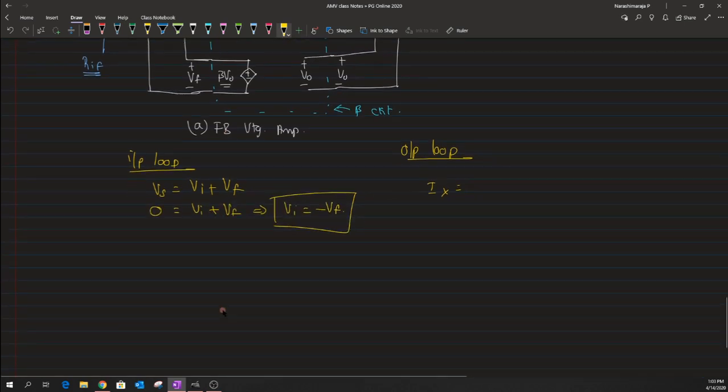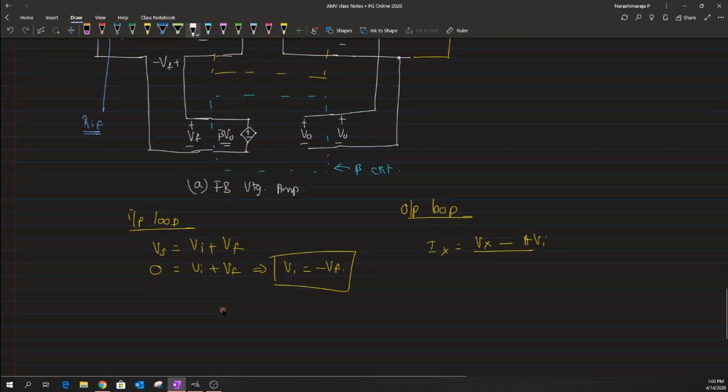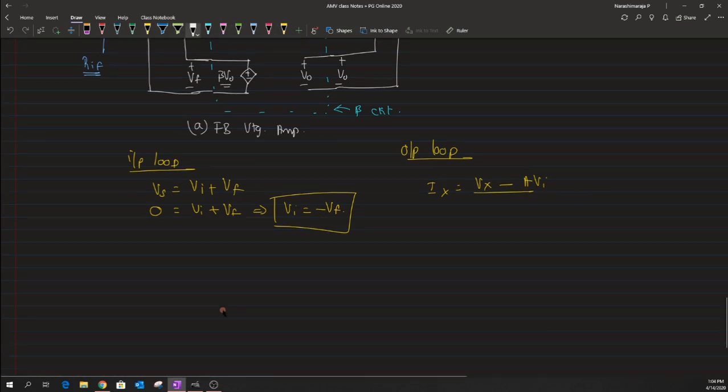Okay. So let me write this Ix value as Vx minus mu times that of Vi, or this mu can be replaced with capital A. Let me write that in terms of capital A rather than mu, just to avoid confusion, because mu and A carry the same meaning. So I'll just replace that with A itself. Okay. Yeah. So and divided by the resistance R naught will give us this particular quantity.